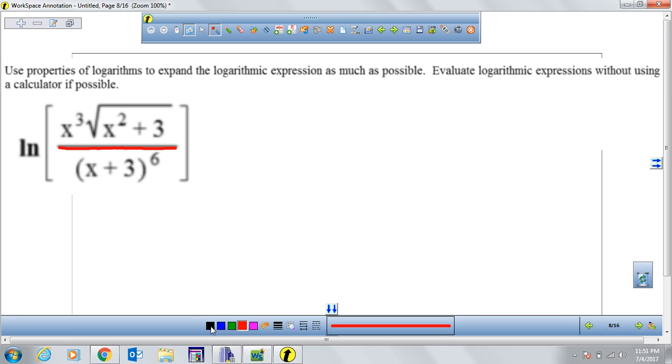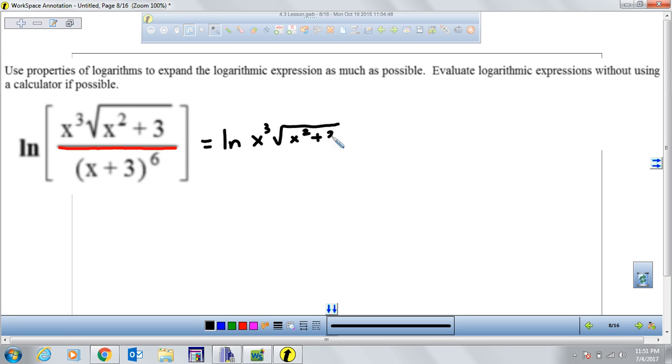To undo the division, we're going to use the quotient rule, which states that the log of m divided by n equals the log of m, the numerator right here, minus the log of n, the denominator. Now, what do we see on this first log? x cubed and the square root of x squared plus 3, and since there is nothing in between, that's a multiplication.